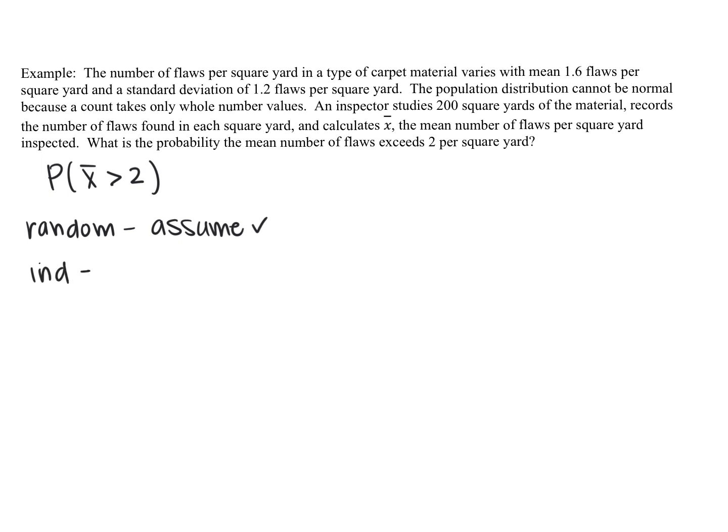For independent, our sample size is 200 because that's how many square yards he inspected. It has to be less than or equal to 10% of however many yards of carpet material they have. And we'll go ahead and assume there's more than 2,000 yards of that, because they should be producing a lot of carpet.